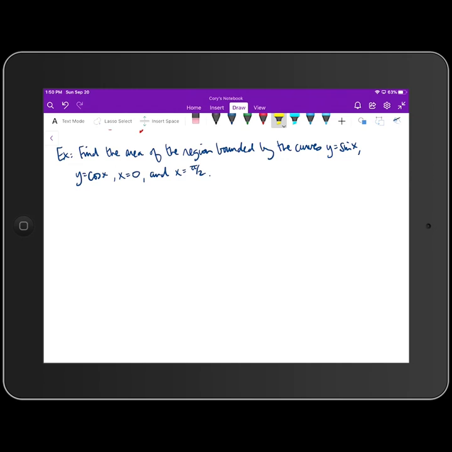Okay, so let's go ahead and draw, again, a graphical representation of this. The graph of sine between 0 and pi over 2 is going to look like this. It contains the point 0, 0 and the point pi over 2 comma 1.